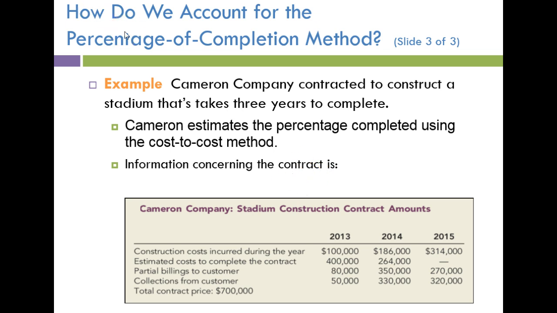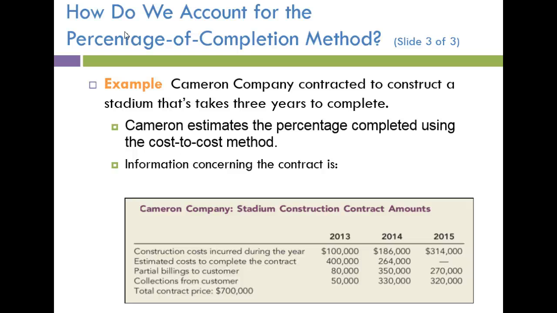In 2013, we're expecting various costs. 2014, we've got expected cost in 2015. So we've got the total contract price of $700,000, and we have construction costs that were incurred in each year, and then we have estimated costs to complete the project.